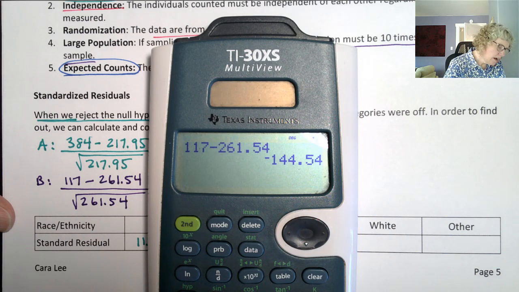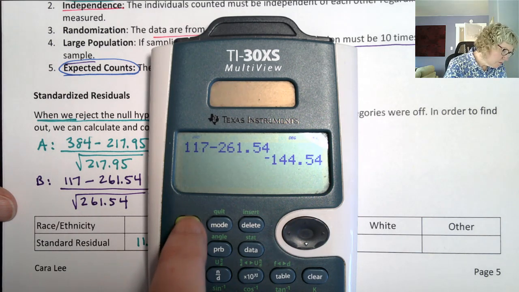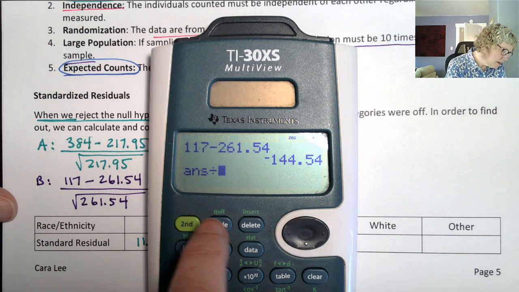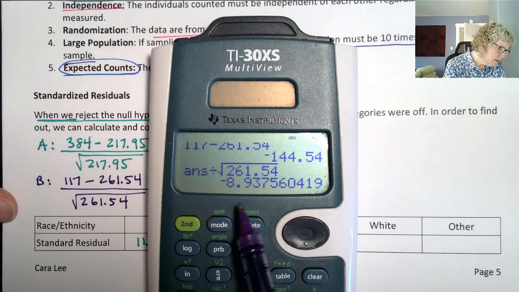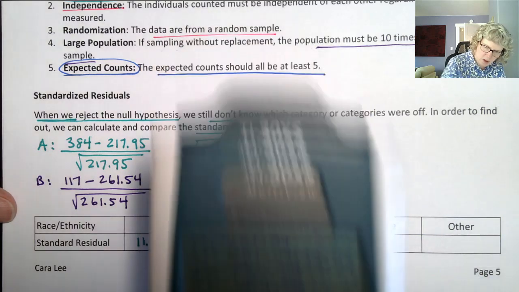Enter. See, we're getting a negative sign because we're not squaring. In this case, we might want to know, right, is it over or under. So that is also very useful. So then, I need to divide by the square root of 261.54. And I get negative 8.94.